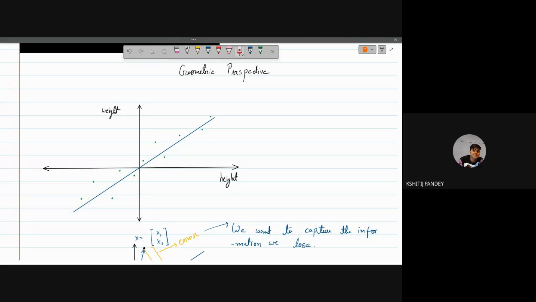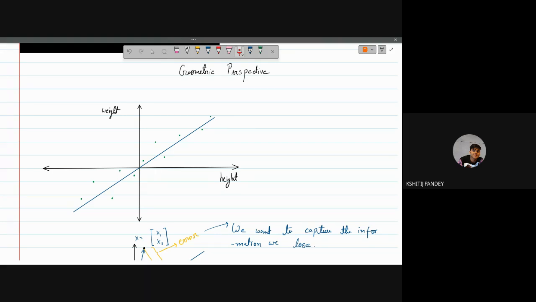So when we find the best fit line, what is actually happening? What does this line represent now? Your height is on the x-axis. So the x-axis is the best direction to measure the variance of height.